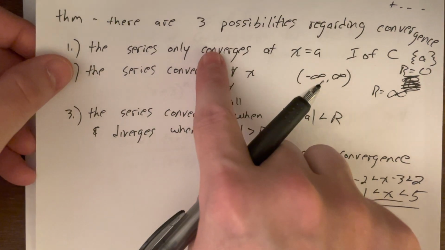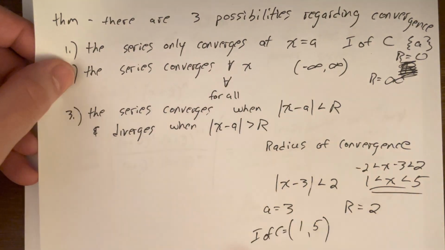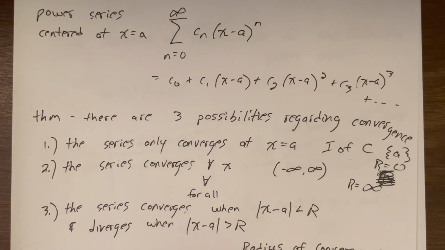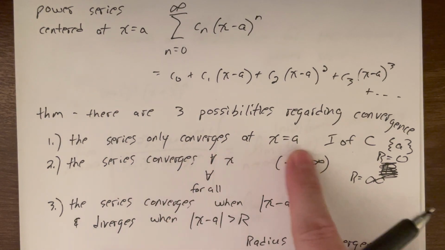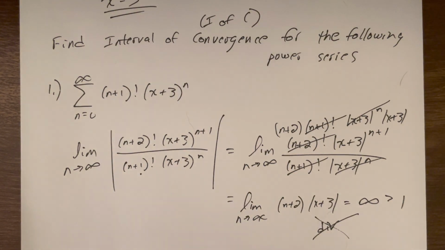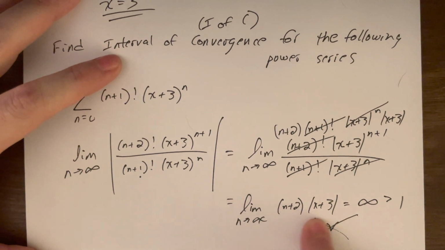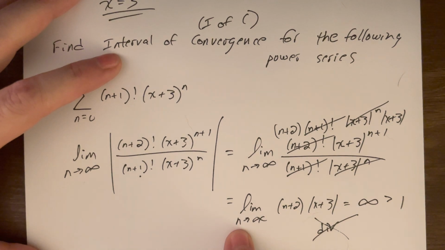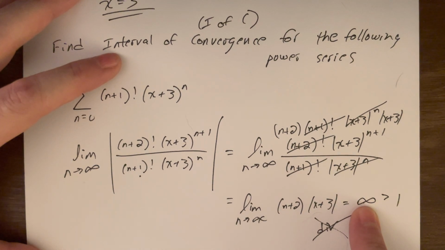There's only these three different possibilities for convergence. So which one is it? When you think you diverge, you're in case number 1. Because that's the one little thing that we were ignoring here. We said just treat this like it's any old number, and something times n plus 2 as n goes to infinity is going to go to infinity.